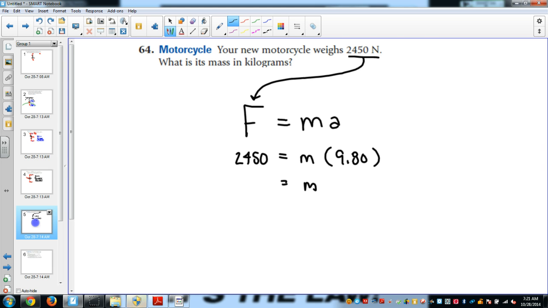So you take 2450 divided by 9.8, and you get 250 kilograms. I probably have to have three significant figures, so I'm probably going to have to do it like this: 2.50 times 10 to the third kilograms as my mass.